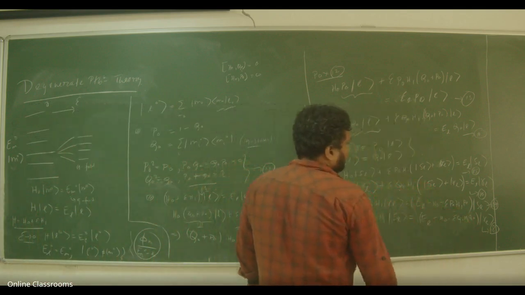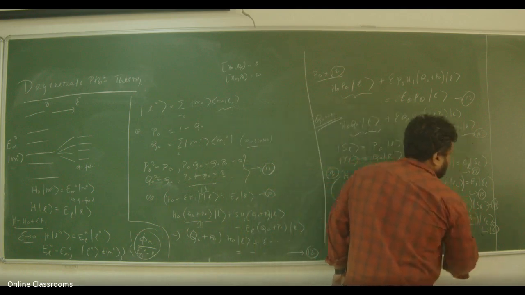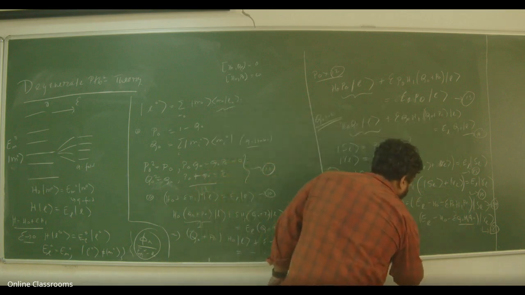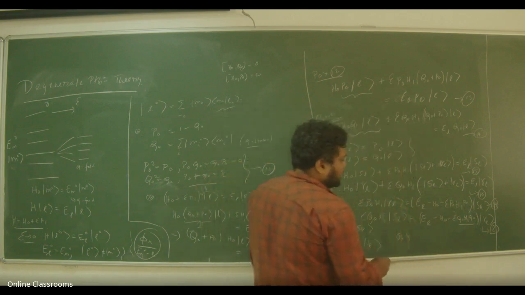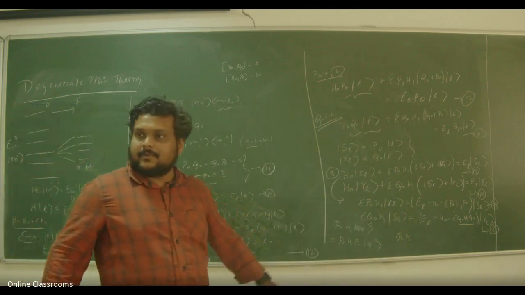For example, Q naught, it's useful because I want to evaluate this term separately. Okay, this is a very good point, because Q naught H1 is not a term which you can evaluate in a rounded form on its own, right?